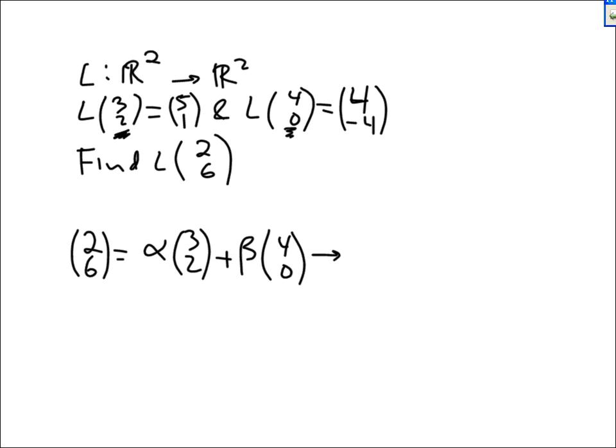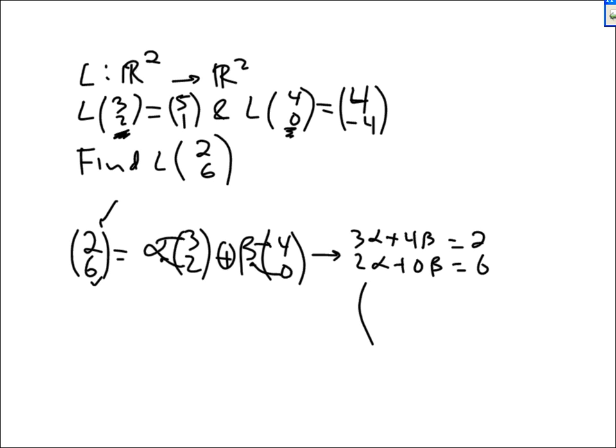This says that 3 alpha plus 4 beta must equal 2, and the bottom one says that 2 alpha plus 0 beta must equal 6. That corresponds to this system of equations. You can solve this using elimination techniques, and you will get the right answer.